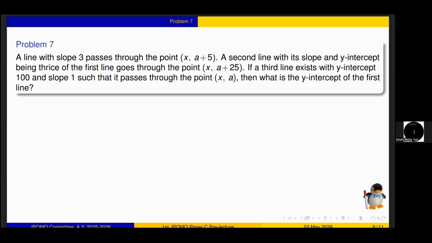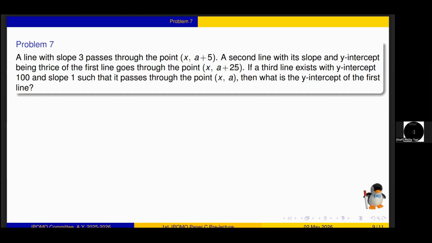I think 295. I'm not sure. I'll get the solution in a short while.